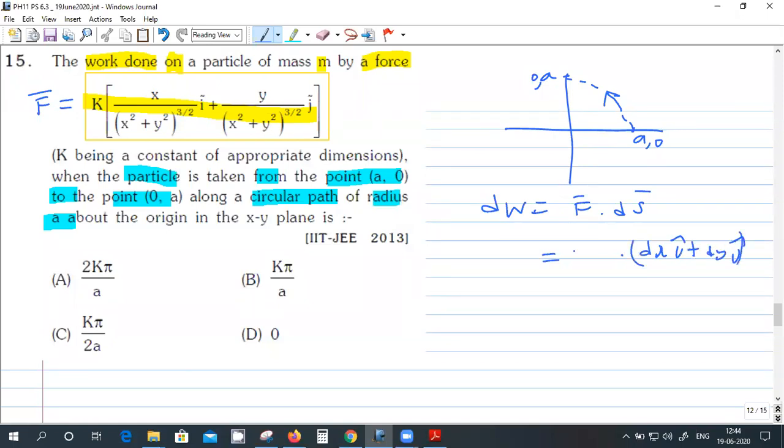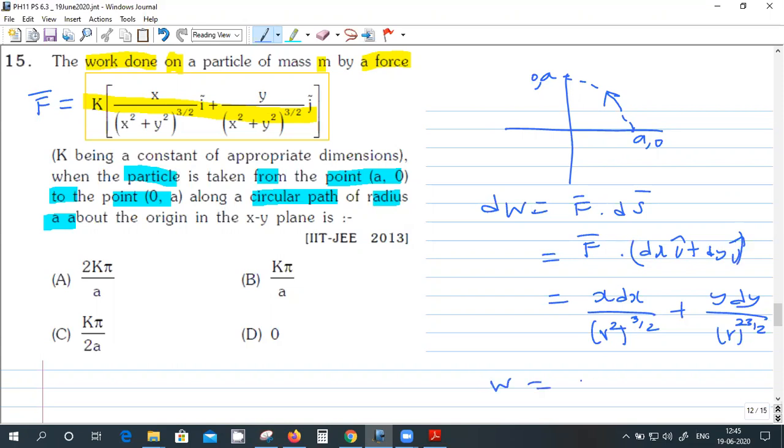And the expression for F is there. So it is x dx divided by everything raised to the power 3 by 2, plus y dy divided by everything raised to the power 3 by 2. And this bracket thing is r square. And r is not going to change from point to point. It's a constant. So r cube.